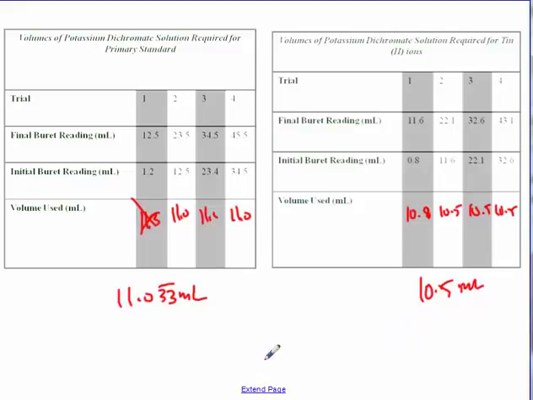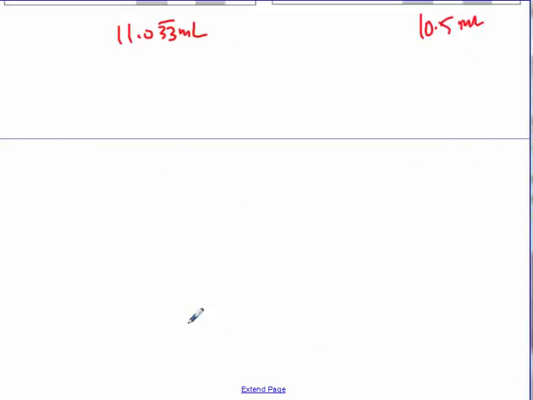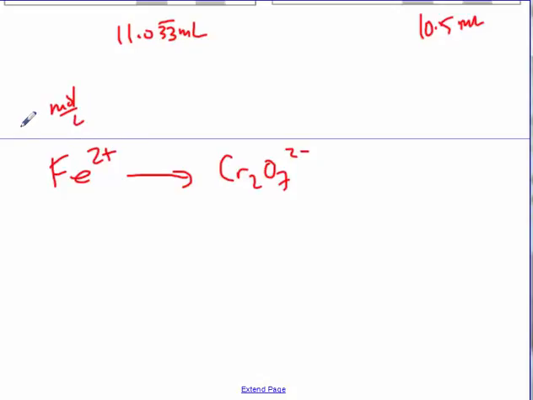Okay, so let's set this up here. What we're going to do is take the iron solution that we made, and use it to titrate a dichromate. So we have a concentration of this guy because we made it. We're going to use it to titrate a dichromate so that we know the dichromate's concentration.